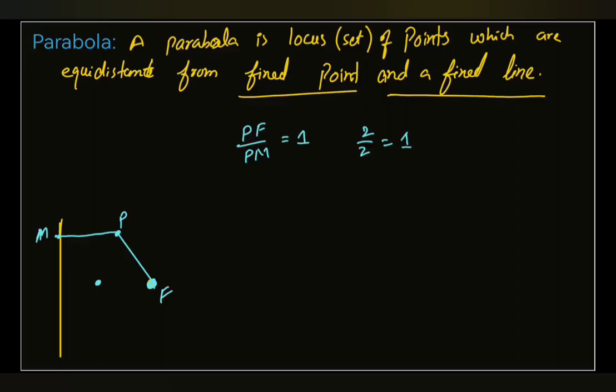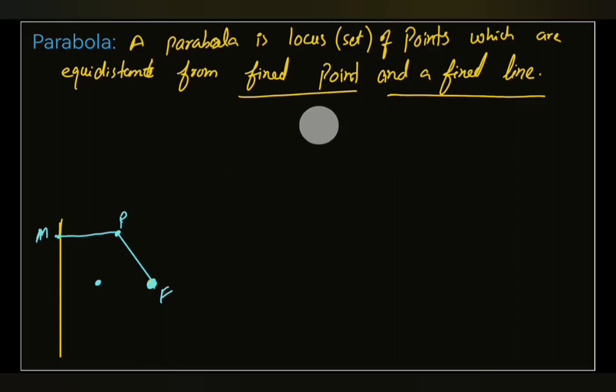So the distance of this point from a fixed point and a fixed line is always in the ratio 1. So this is the definition of a parabola.